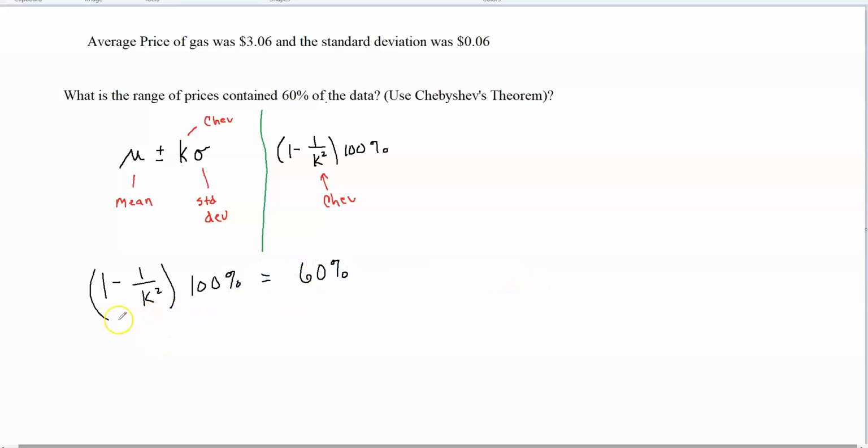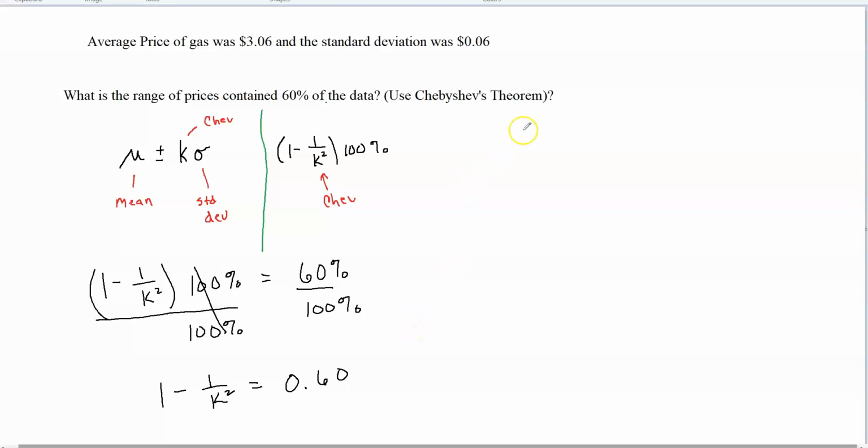Okay, and now we're just going to do a little bit of algebra. We're going to divide both sides by 100%. You're going to get 1 minus 1 over k squared, because these will cancel. 60% divided by 100 is going to just be 0.60.